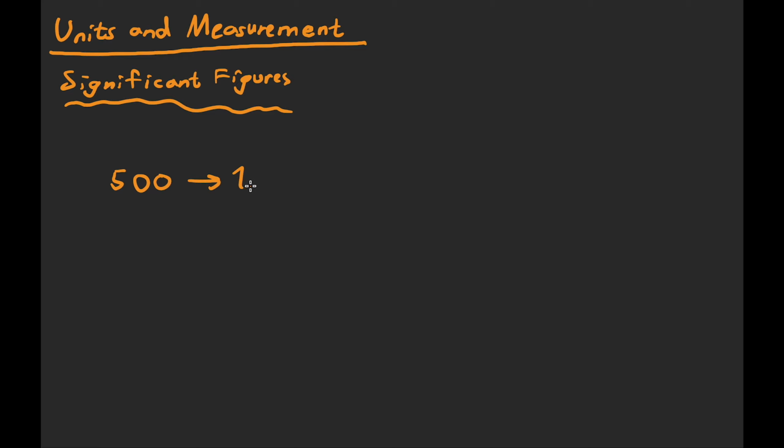Which makes sense because when we're estimating, if your data changes by, for example, 3 digits, and it's 503 now, you're still going to be estimating it to 500. So the only significant figure in this number is the 5.